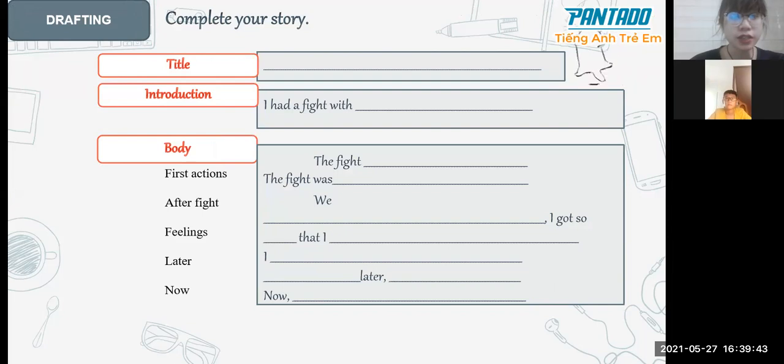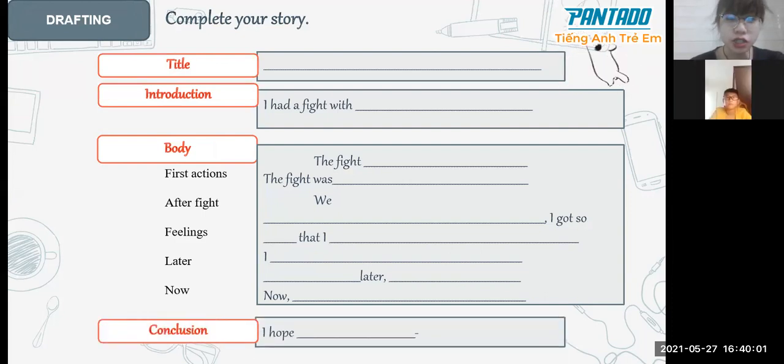Okay, so now it's time for you to use the information that you have written in the previous organizing. So you have to put the title of the story, the introduction. So for example, I had a fight with my friend Tom, and the body you just need to fill in the blank with the information that you have done previously.